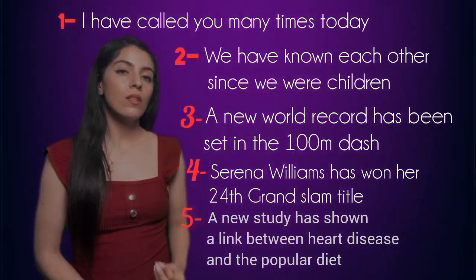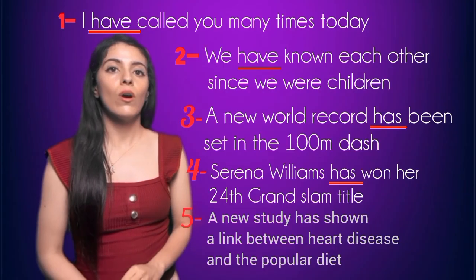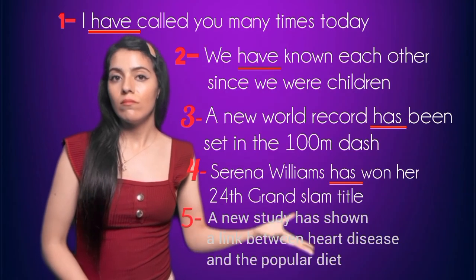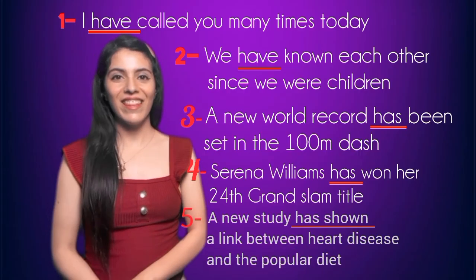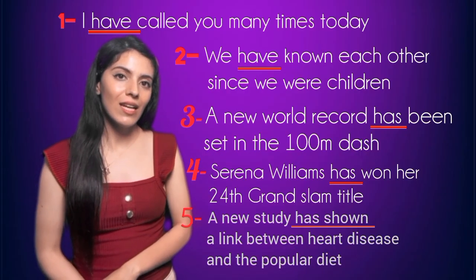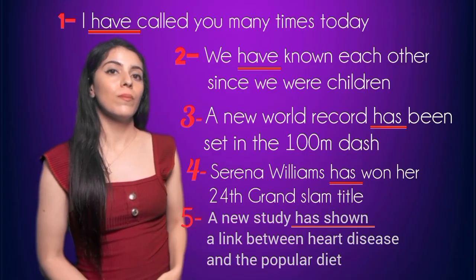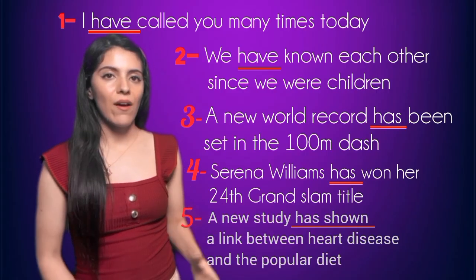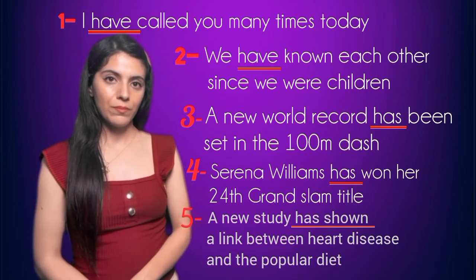For the subjects I, you, we, they, we have have, and for the subjects he, she, and it, we have the helping verb has, right? And then we have the past participle form.